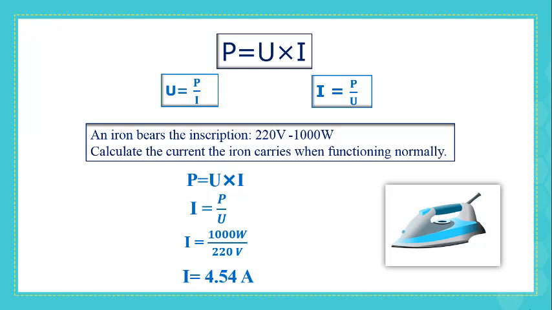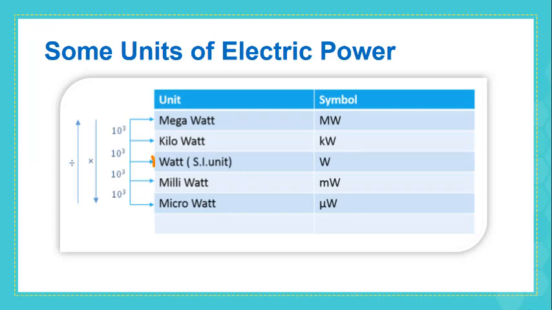The SI unit of electric power is watt, but electric power can be expressed by other units, such as megawatt, kilowatt, milliwatt, and microwatt. To convert from one unit to another, we either multiply or divide by 1000, depending on the units we are dealing with.